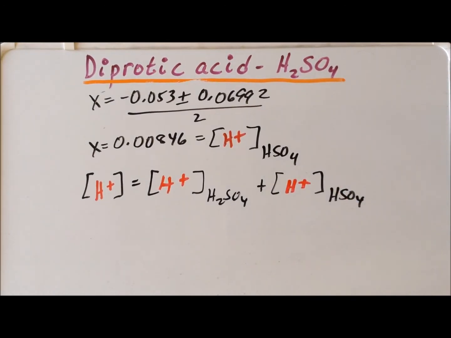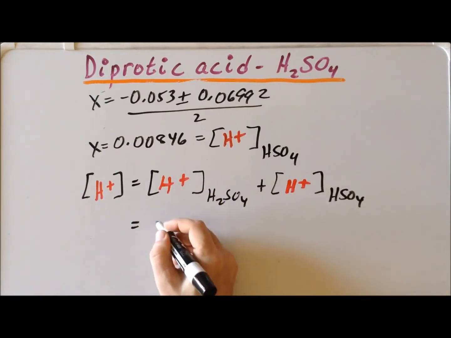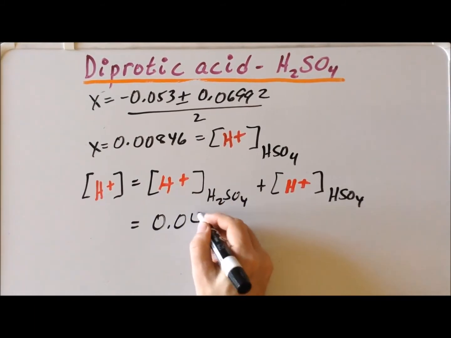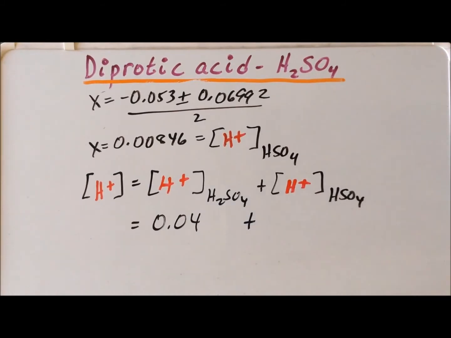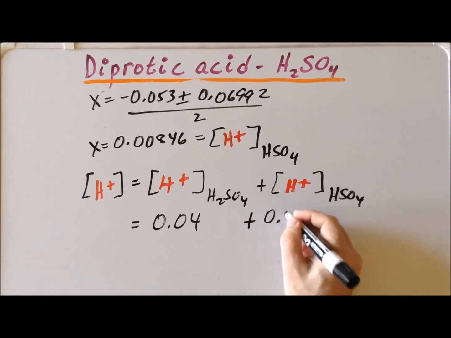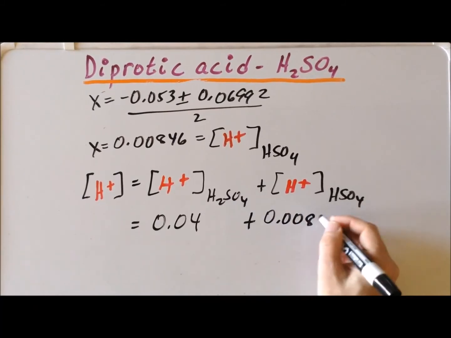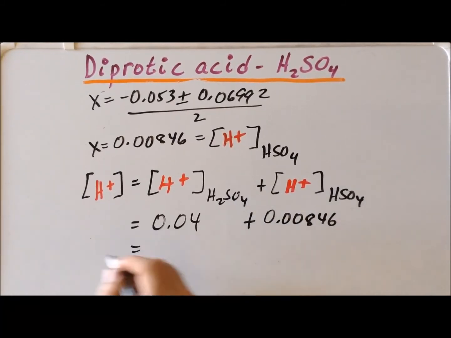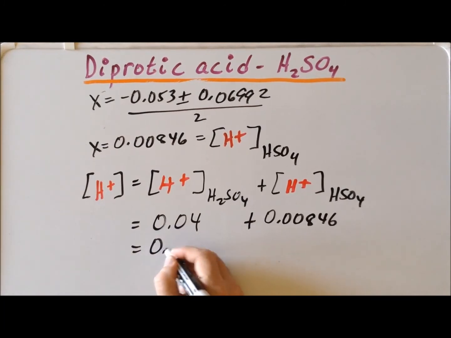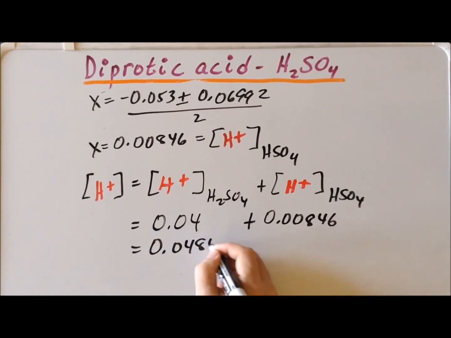And now we've actually determined each of these contributions separately. So we know from the first step that the amount of H plus we got was 0.04 molar. We now know from the second step that the amount we got was 0.00846. So this gives us a total hydrogen ion concentration of 0.04846.